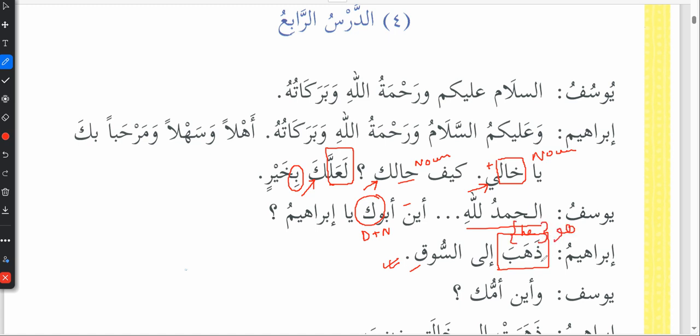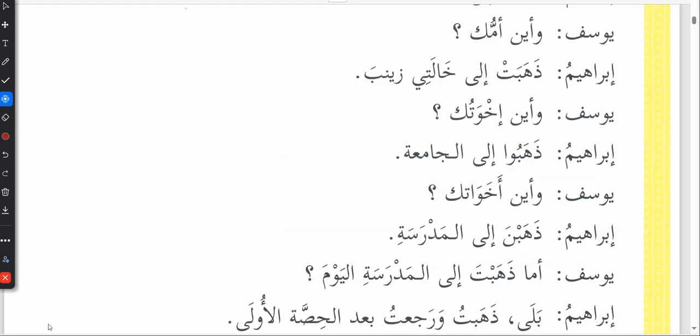Yusuf says, Wa aina ummuk? Ummuka or ummuk, where is your mother? So you can see this is noun and damir. So here you can see Wa aina ummuk. So Ibrahim says dhahabat. Now this ta that you are seeing here is not the damir for the feminine.